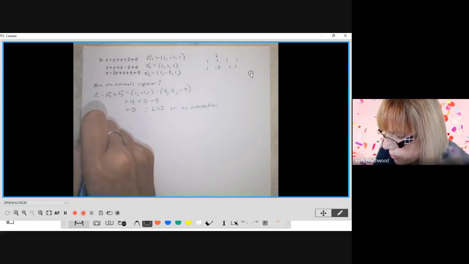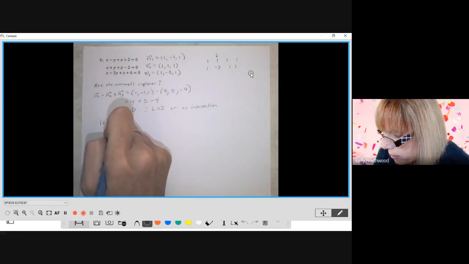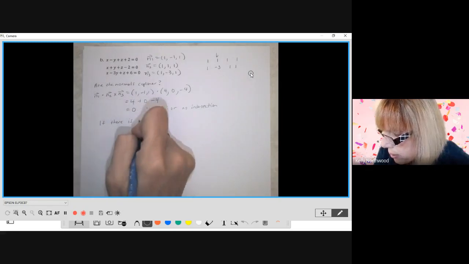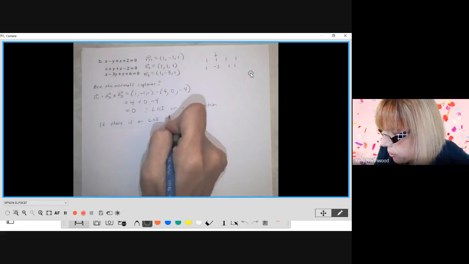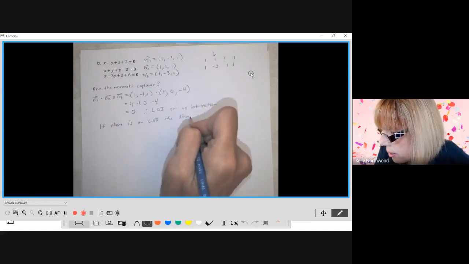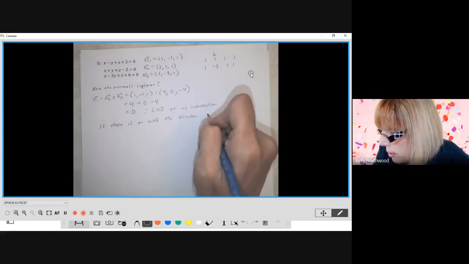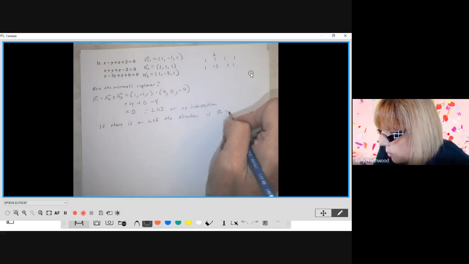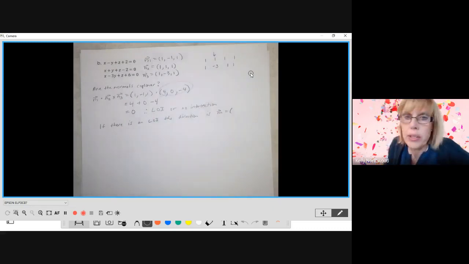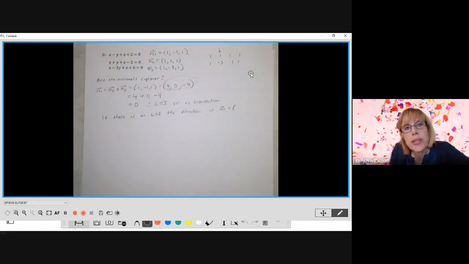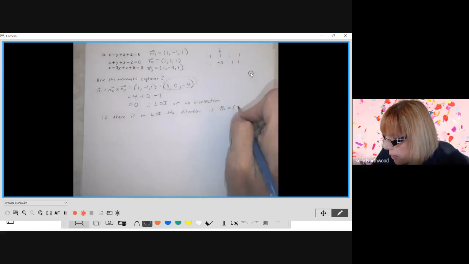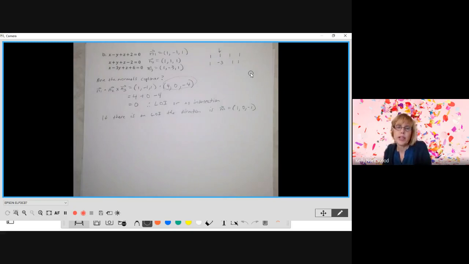And we also know if there is an LOI, the direction is m equals, so we did a cross product right there, but there's a smaller scalar multiple. We could use 1, 0, negative 1 and still be parallel to that cross product. So that could be our direction.